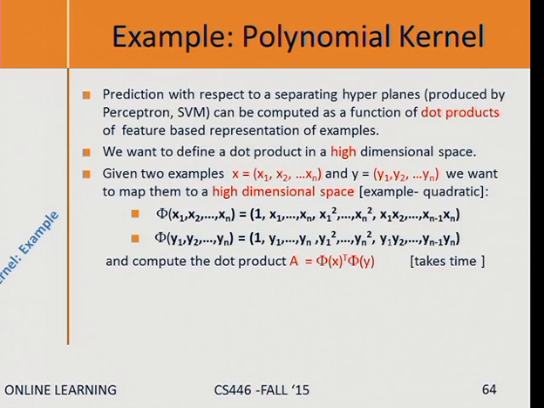So instead of x1 through xn, I'm going to include quadratic terms. I'm including 1, just the empty term, all the xi's, all the xi squares, and all the mixed terms. That's my new representation, a lot more expressive, right? And I'm doing this for y.